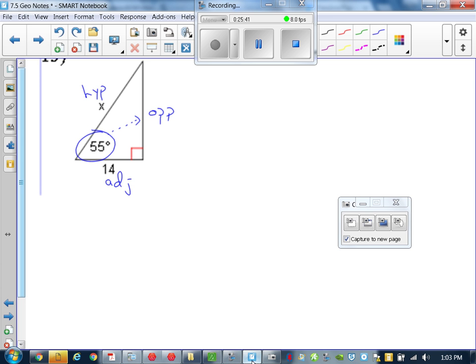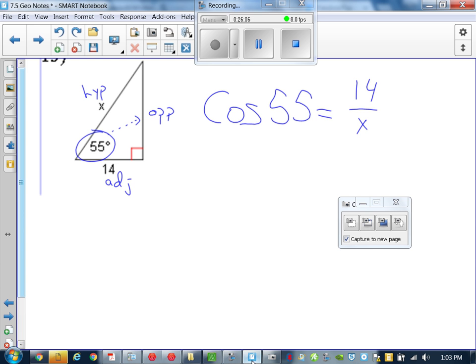For each problem, circle the angle, label your sides, and then figure out what trig function you're going to use. Which one am I going to use here? I have adjacent and hypotenuse, which is cosine. So the cosine of 55 is 14 over x. And that's what I'm going to do for all of these.